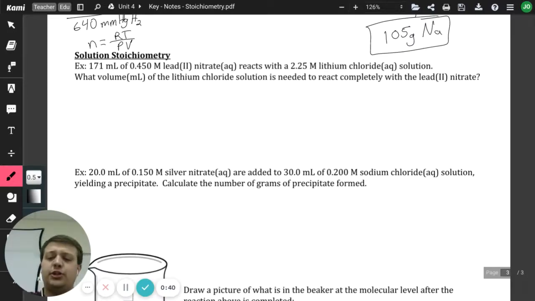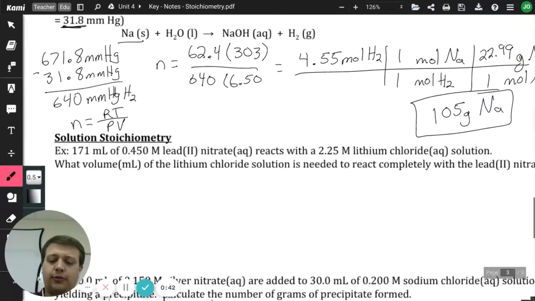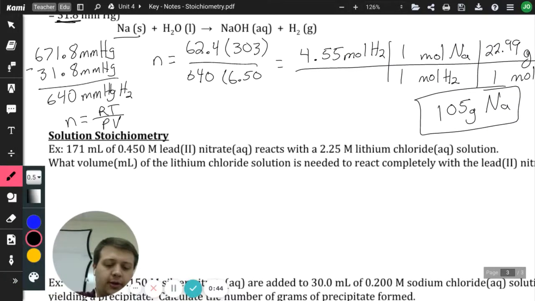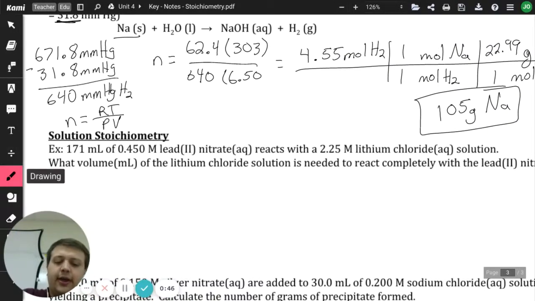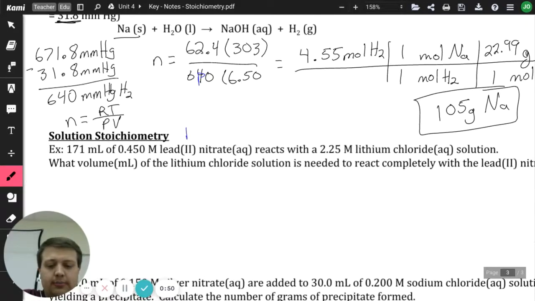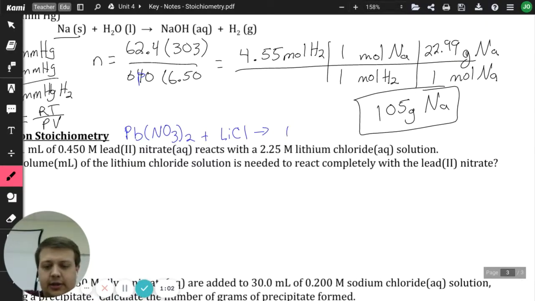Okay, first thing we should do is we should always remember to write our formula. So for this, I've got lead-2 nitrate, so that's going to be Pb(NO3)2 plus lithium chloride produces PbCl2 and LiNO3.